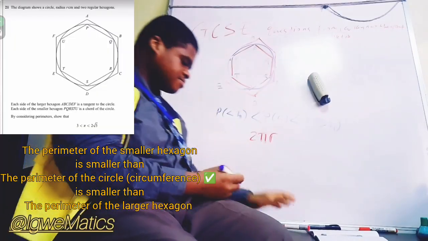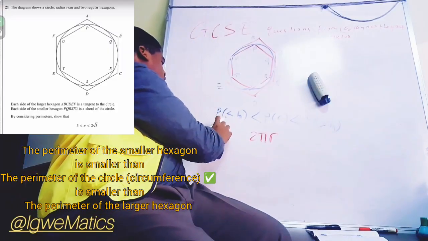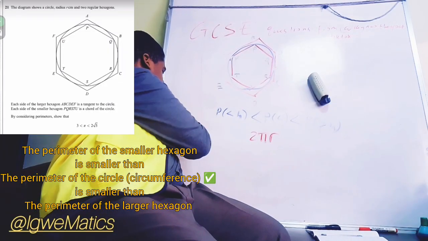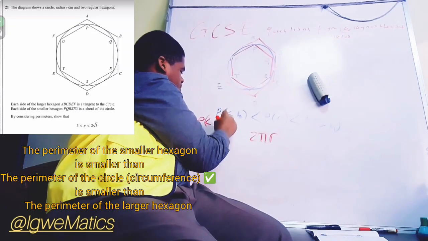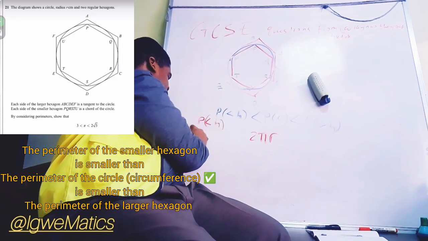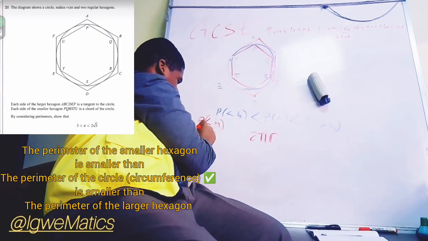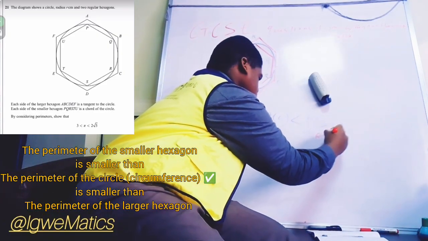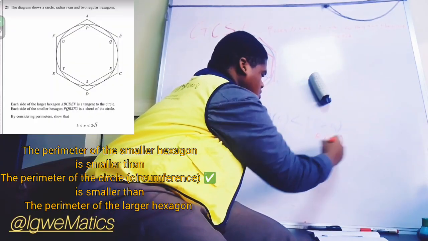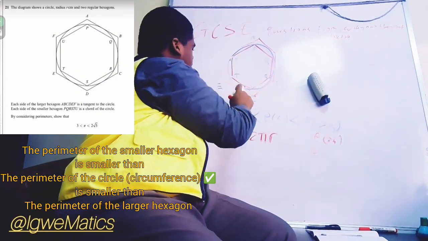So basically, we're looking for the perimeter of the smaller hexagon. It should be 6 times the length UT, and the perimeter of the larger hexagon should also be 6 times the length EF.